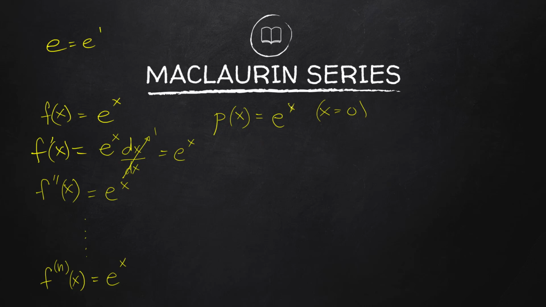So, to be clearer, let's first evaluate our function. This will be f of 0 is equal to e raised to 0. f prime of 0 is equal to e raised to 0.